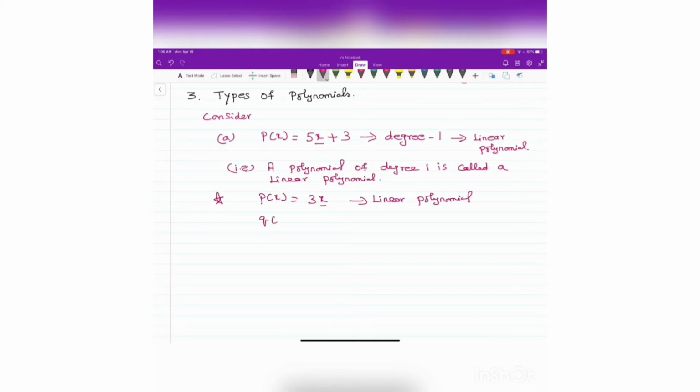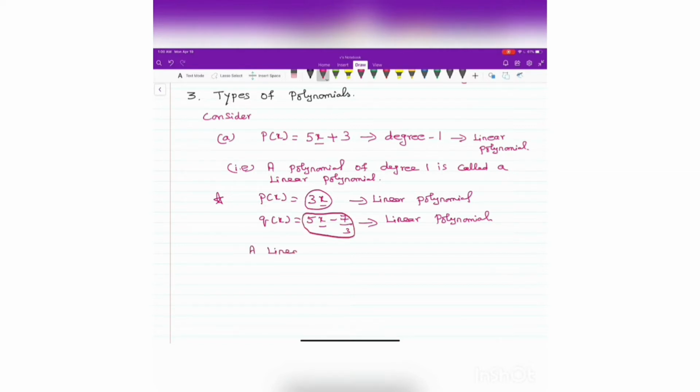I can write q of x as 5x minus 7 by 3. Again, the degree of x is 1. Therefore, it is a linear polynomial. So, what do you infer? Here you have got only one term, so it is a monomial in this place. Here you are having two terms, 5x as well as minus 7 by 3, which is a binomial.